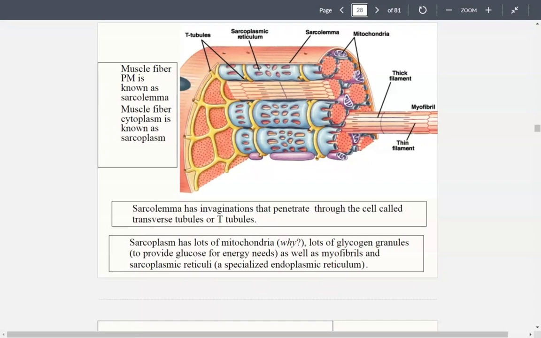And if you remember what mitochondria does and what your muscle cells do, hopefully that makes sense to you as to why. If you don't remember, mitochondria are involved with energy production, and your skeletal muscles are energy hogs. So they're going to need a lot of energy.